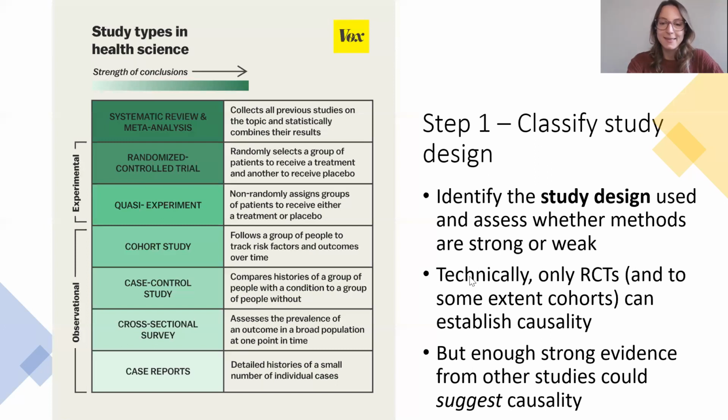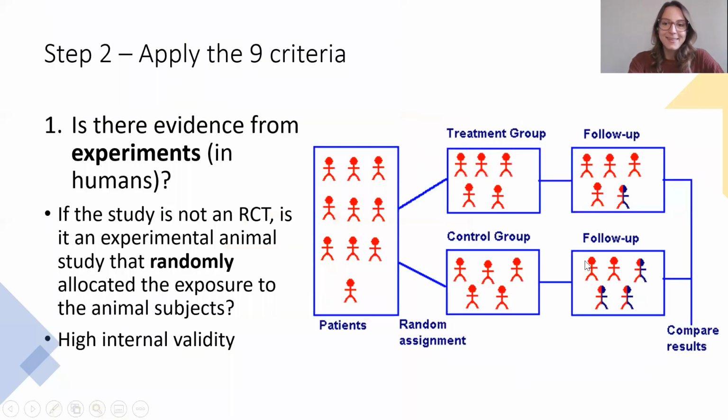What about RCTs? Well, glad you asked because we're going to talk about that next. So the next step of the criteria, so after you characterize what kind of study design it is, the next step is to ask yourself, is there evidence from experiments? Now, why is this so important?